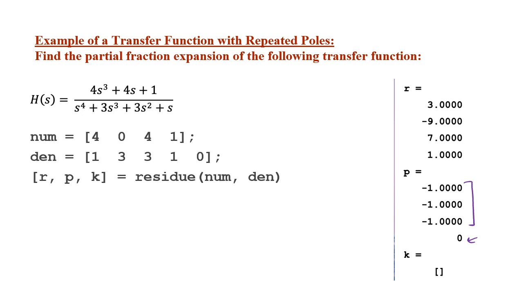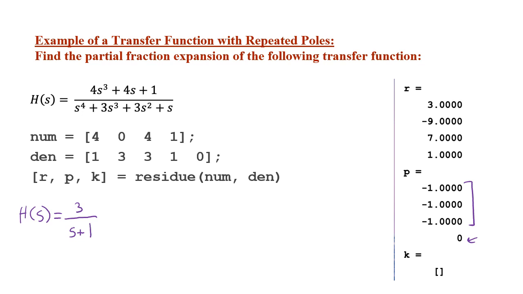So we're going to rewrite h of s that's provided to us as a partial fraction decomposition. So we can simply say h of s is equal to the first residue, which is 3, divided by s minus the first pole, which is 1. So which is negative 1 actually. So we're gonna do plus 1 instead.